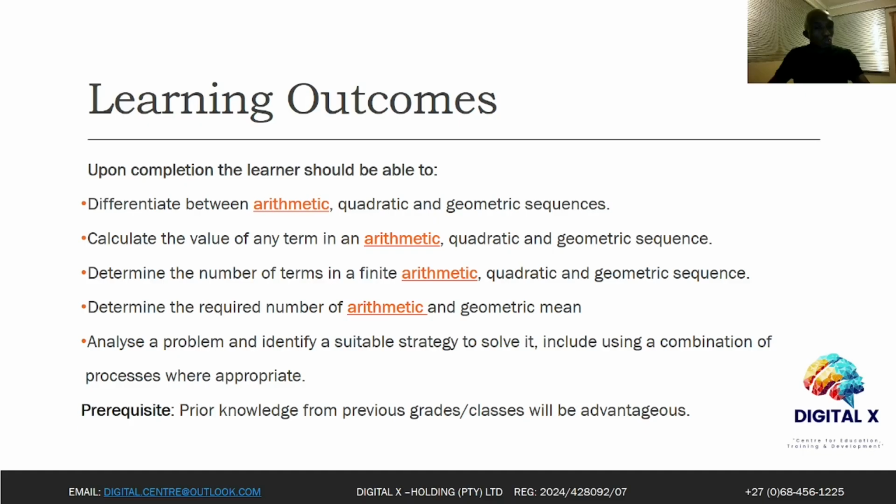So you should be able to calculate the value of any term in an arithmetic sequence, to determine the number of terms in a finite arithmetic sequence, and fourthly, determine the required number of arithmetic means, and lastly, to analyze a problem and identify a suitable strategy to solve it, including using a combination of processes where appropriate.